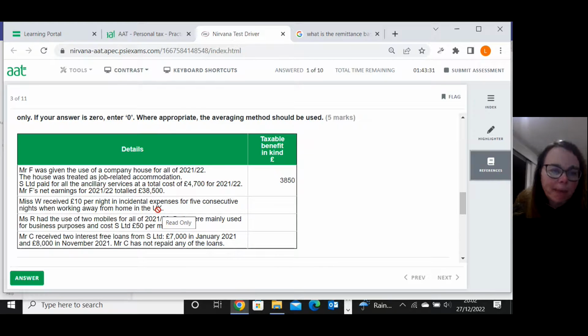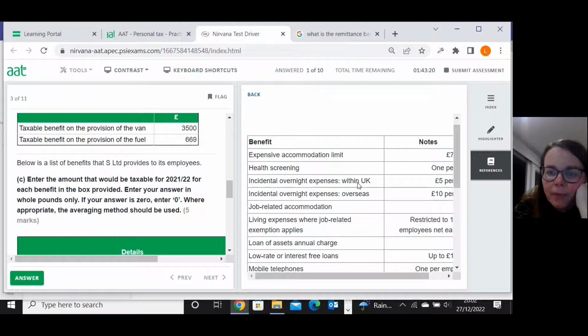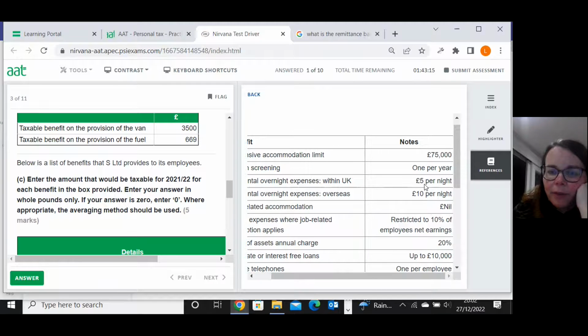Miss W received £10 per night in incidental expenses for 5 consecutive nights when working away from home in the UK. UK, you're only allowed £5. It's overseas, you're allowed £10. And you have to have the knowledge here. There's a few funny rules around this. If you exceed the amount, then the whole lot becomes taxable.